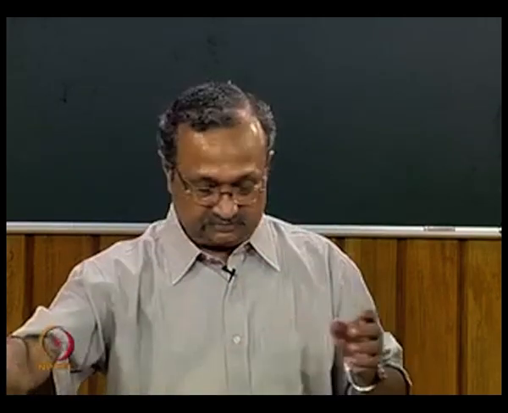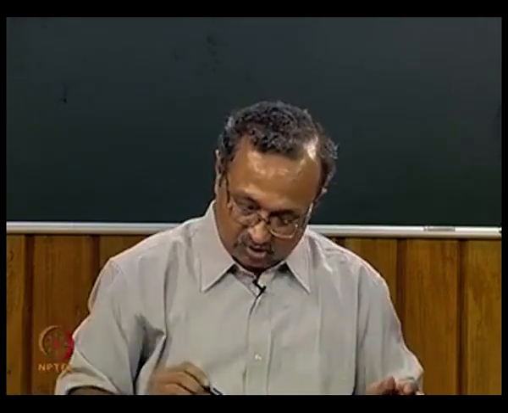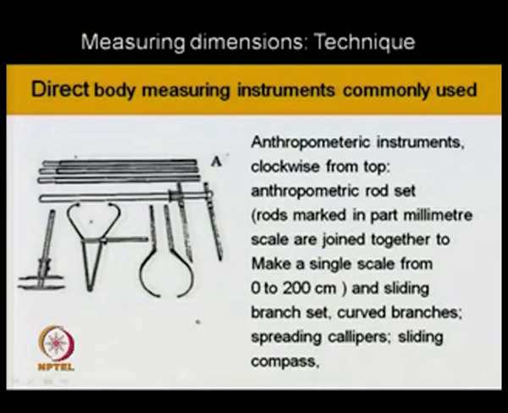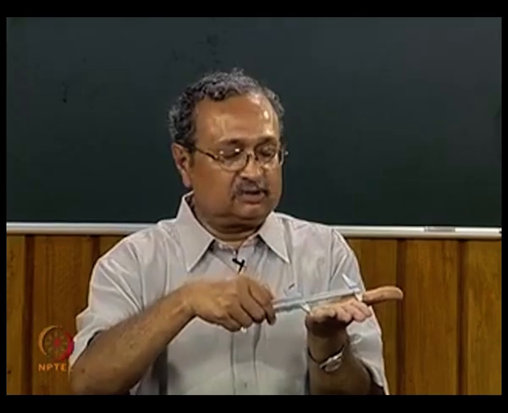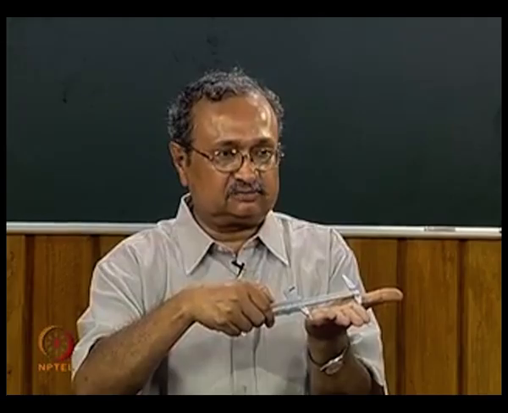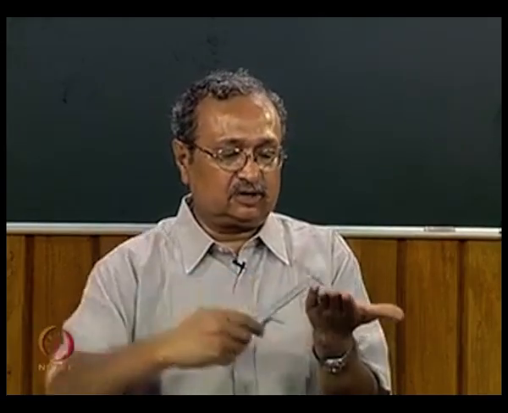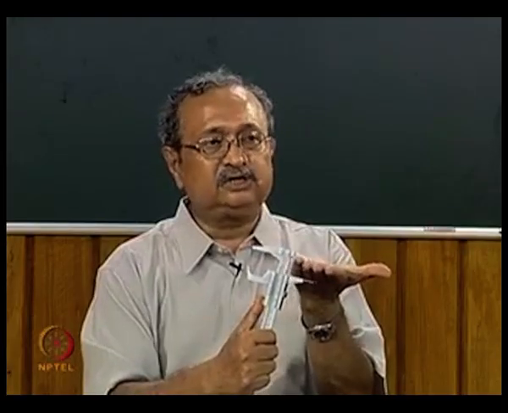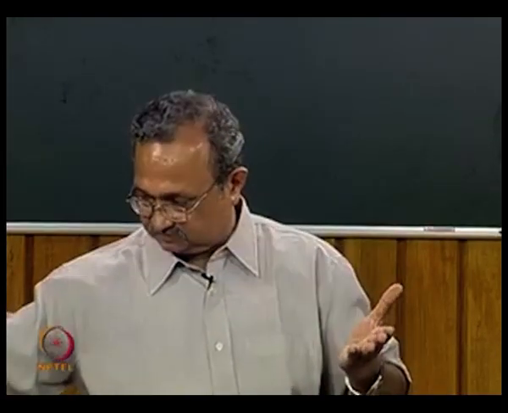Another thing is the spreading caliper. Spreading caliper is this, that if I want to measure this arm length, the small distances like this, or maybe these distances, thickness, etc., it will be easier to measure with this.